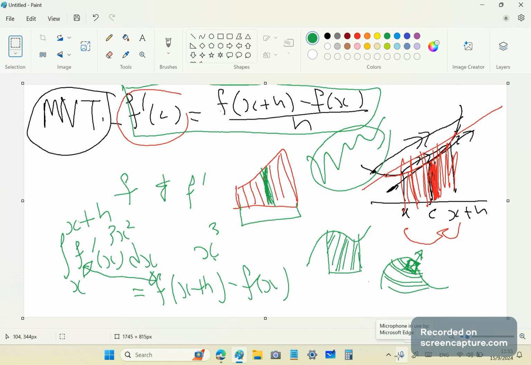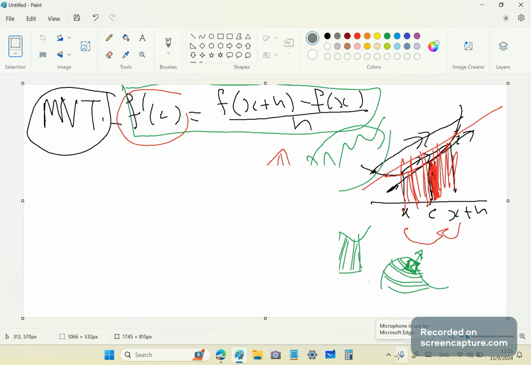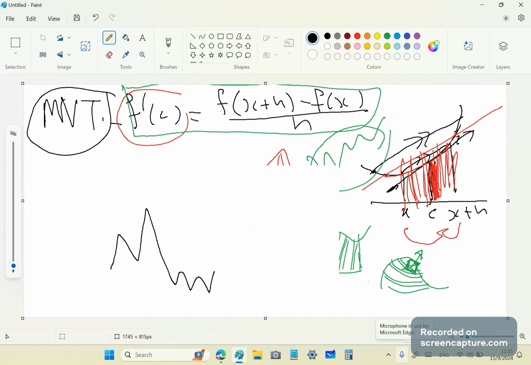Look, if you had a curve like this, like that, and you had the boundaries like that, and you choose a point, let's say, with a tangent line there, like that. Where is the tangent line that is going to be parallel to that between these two points, this point and this point? Where is it? Can you see what I'm saying?